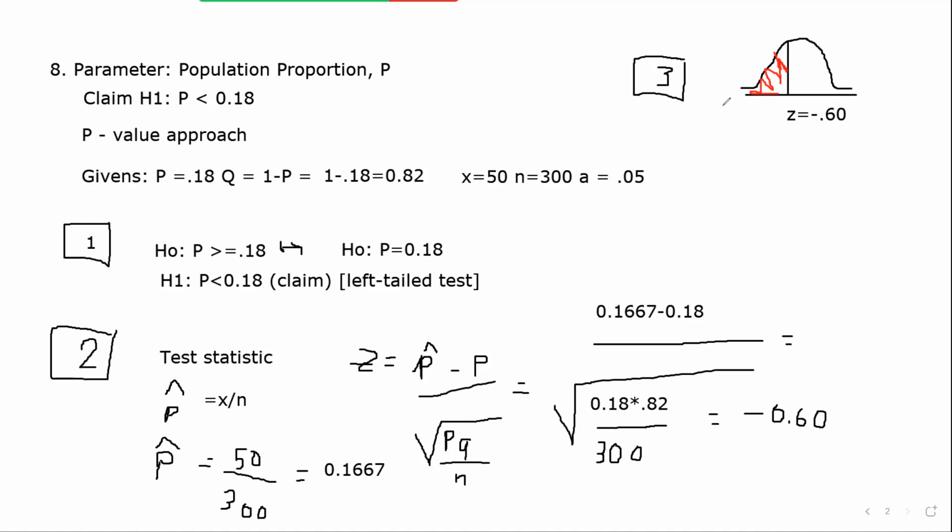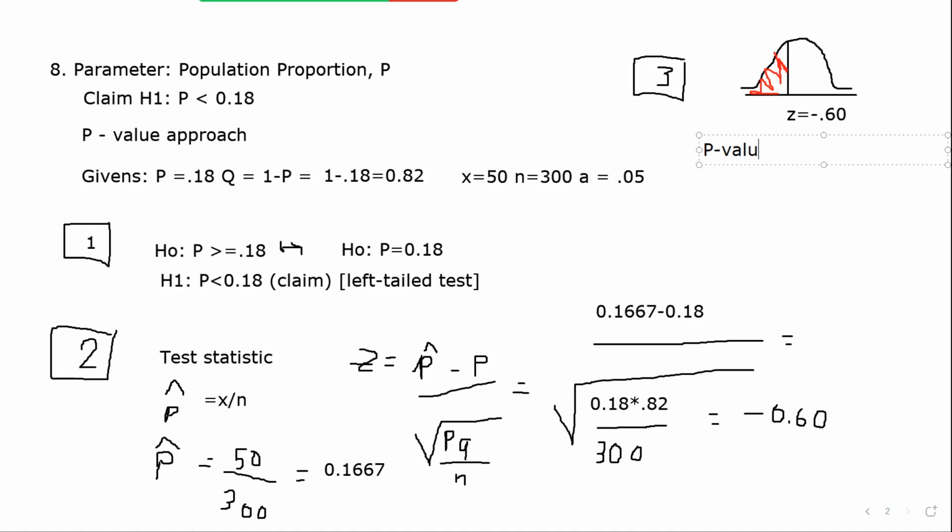If this region is bigger than 0.05, then our Z is close enough to the mean, or to the proportion, I should say, to keep the null hypothesis. That's what that tells us, okay? So we've got our Z, we're going to get our p-value. And if you need help with the p-values, remember there's the handout and there's the Canvas page on it, the p-values and critical values.